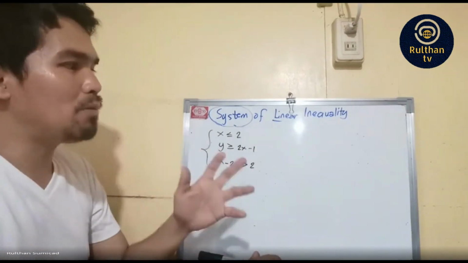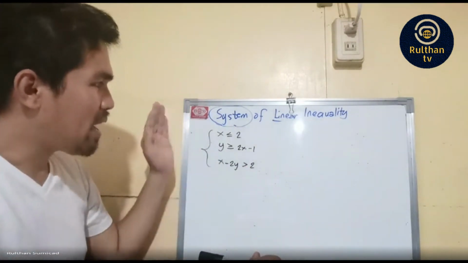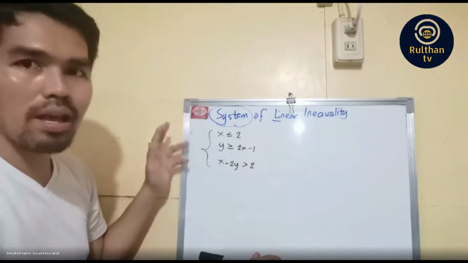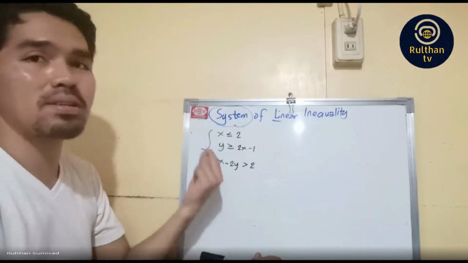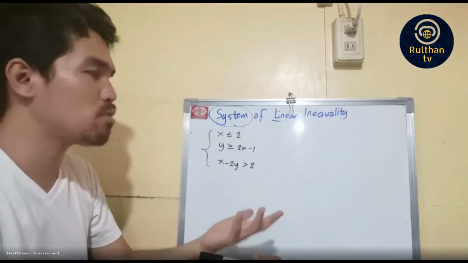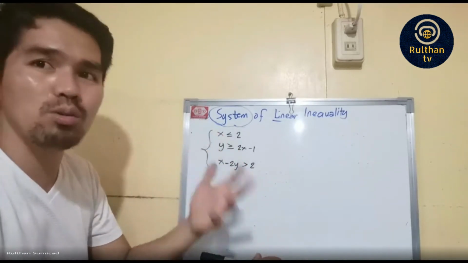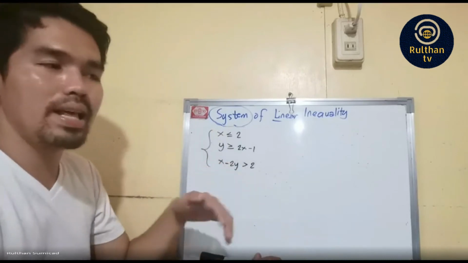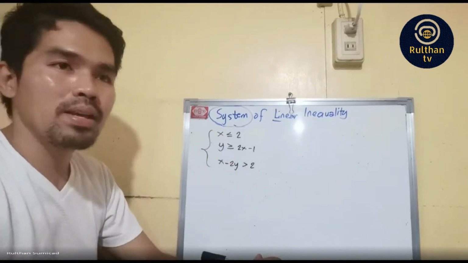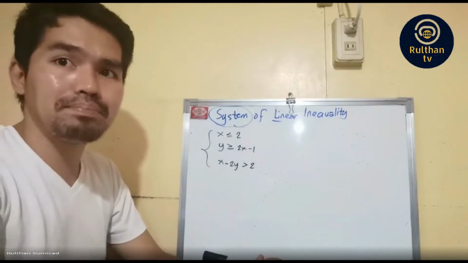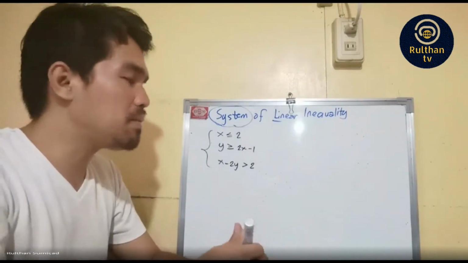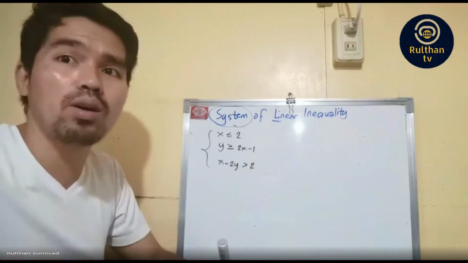Again, we will follow what we did earlier: we approach each inequality in our system as an equation, look for the solution of the equation, and graph them. Afterwards, we will look for the solution region of each inequality, and then we look for the colliding section. Sometimes it's possible that the system doesn't have any solution at all.